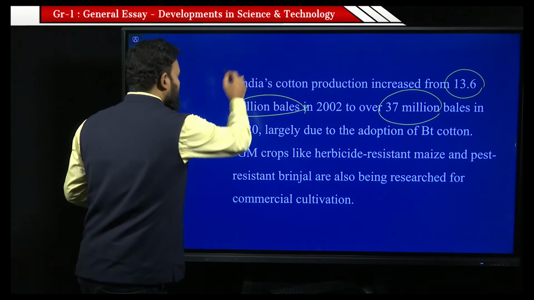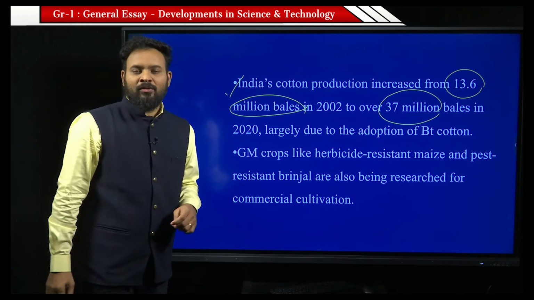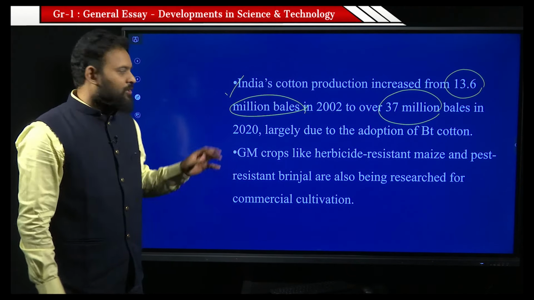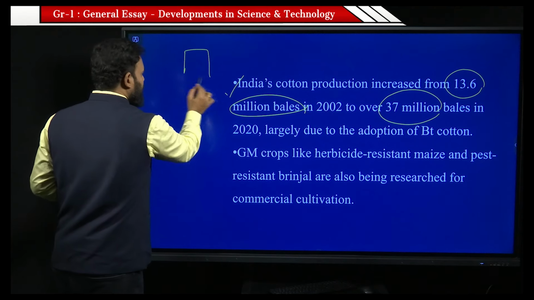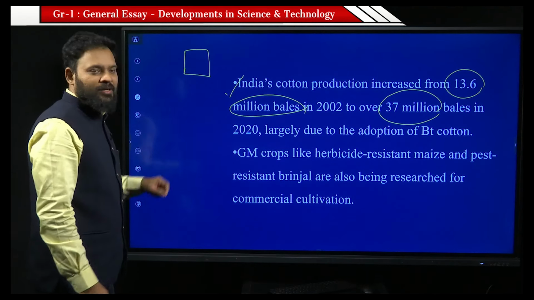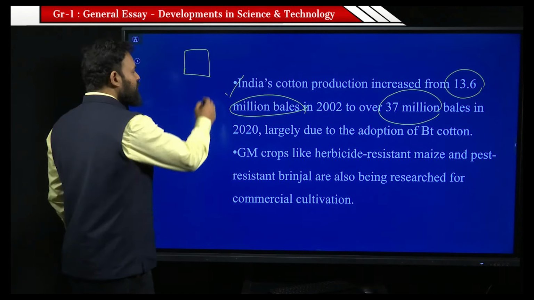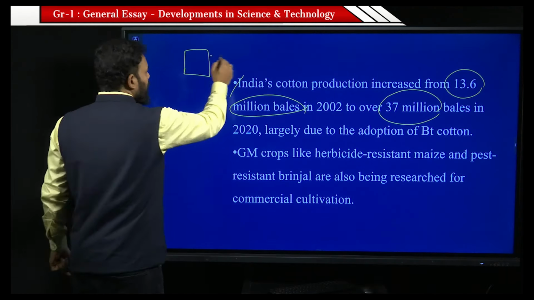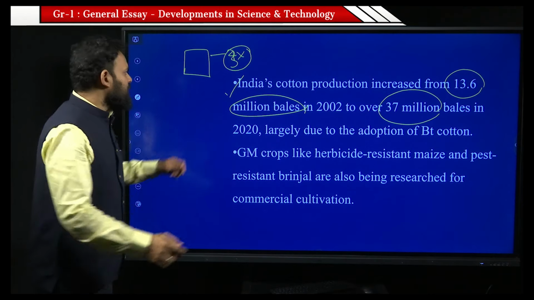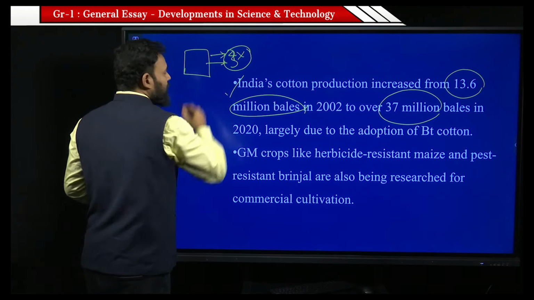So definitely it is helping agriculture, increasing the production from the same area. If earlier this area produced, say, 1 unit, now it is 3 times more, or even 4 times more. So it is helping in increasing the productivity of the land.